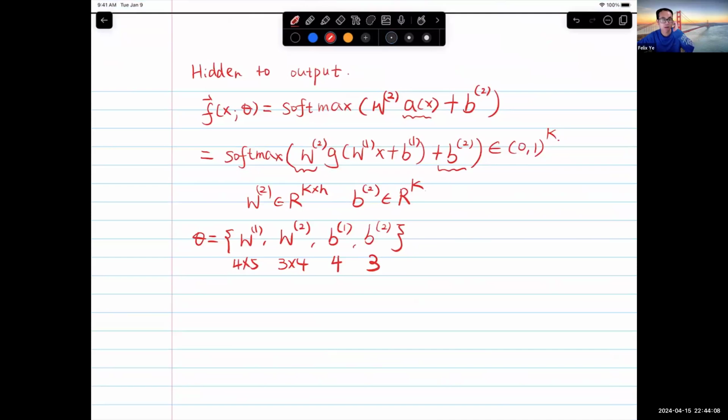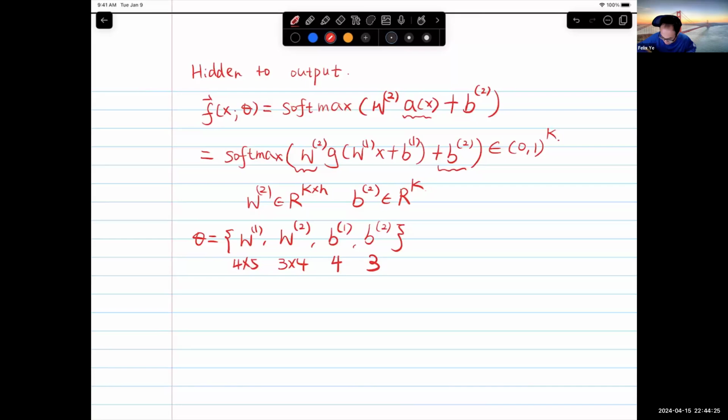And also, in order to tune these parameters, we have to define the loss function. Here, again, we're using the cross entropy loss.